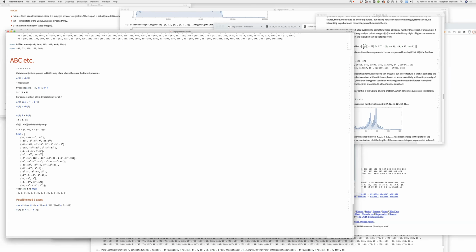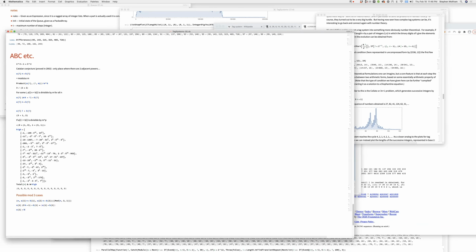So that means that a1 plus b1 is divisible by 3, and this one here says 2a2 plus b2 is divisible by 3. So the condition is that, in general, ai plus i·bi is divisible by the modulus.